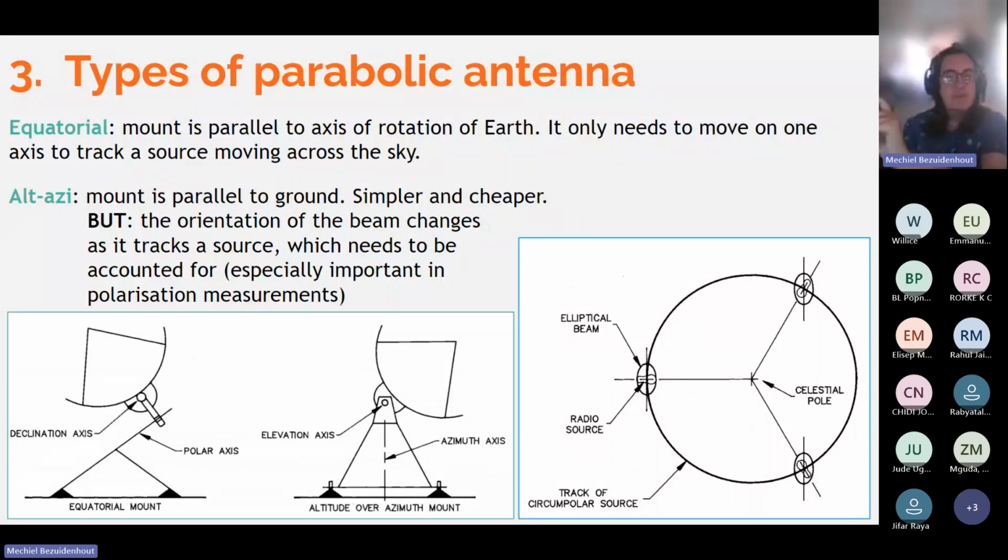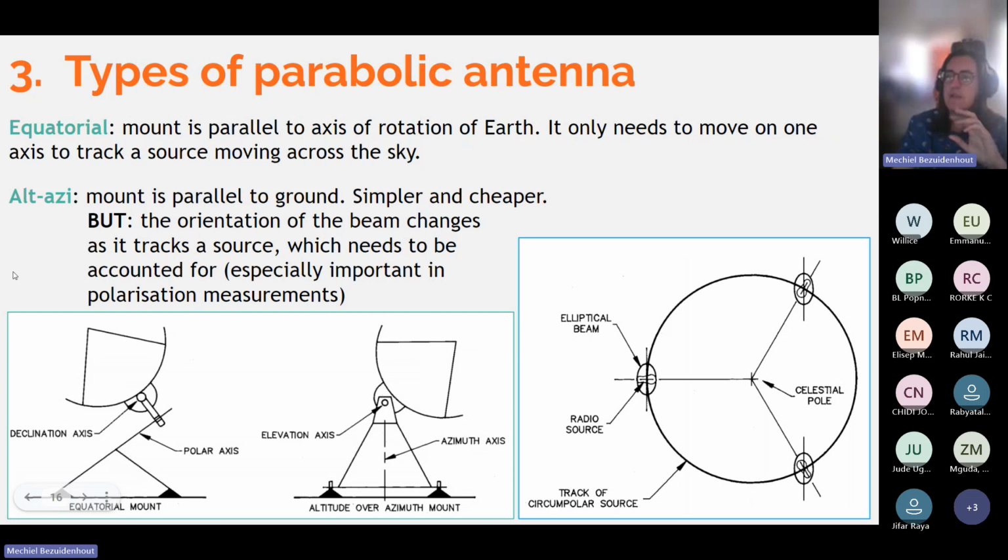The benefit of mounting it this way is that as you point at a source that's moving across the sky, you only have to tilt the telescope along one axis because it's following the rotation of the Earth, right? So it's very easy to keep track of it.